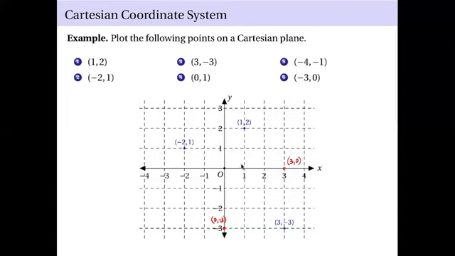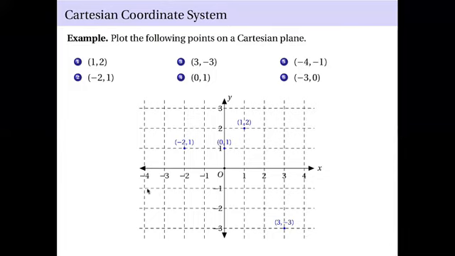For 0 comma 1, you have 0 on the x-axis and then 1 on the y-axis. So it's this point here. Okay? So we have that 0 comma 1 there. And then negative 4 comma negative 1. So you have negative 4 on the x, it's somewhere here. Okay? And then negative 1 on the y, it's somewhere here.